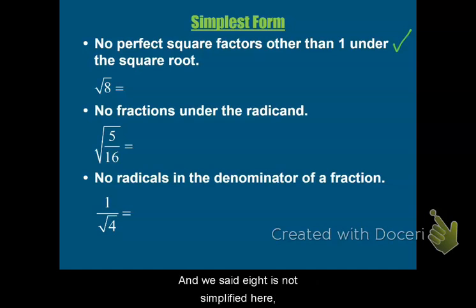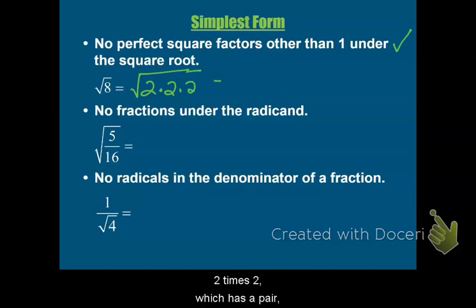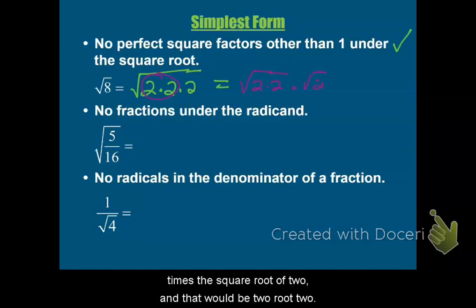And we said the square root of 8 is not simplified here, because I could simplify that into the square root of 2 times 2 times 2, which has a pair, and then that would be the square root of 2 times 2 times the square root of 2, and that would be 2 root 2.